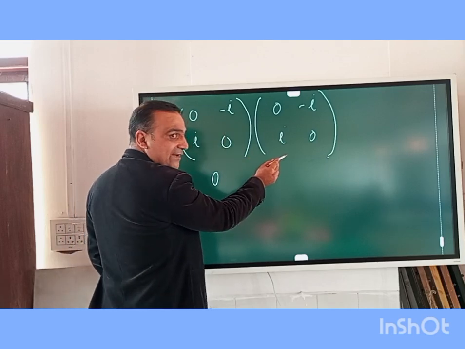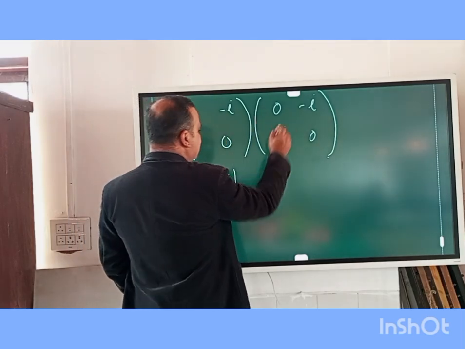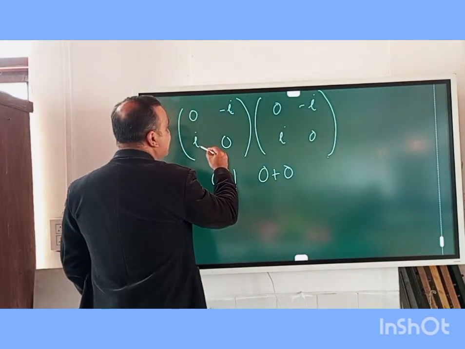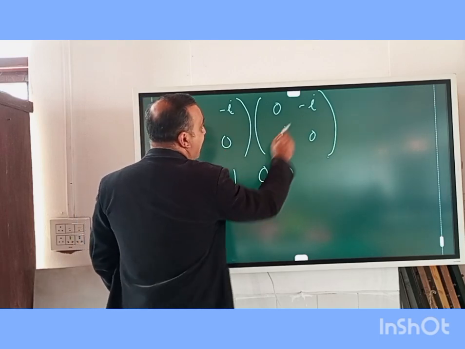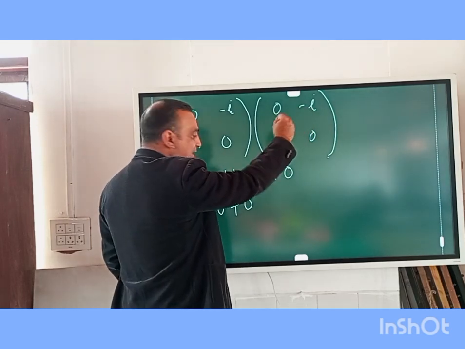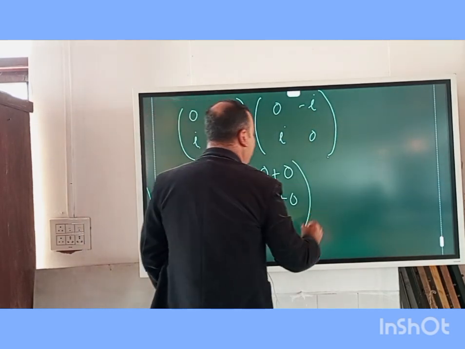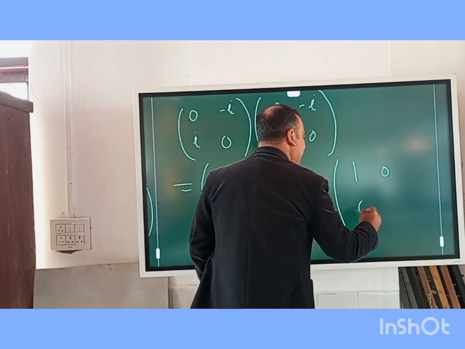Iota square will give me minus 1, so this is plus 1. Then this is 0, and this is 0. And going with the last one, iota square will give me minus 1, minus minus will be plus, so this is 1 plus 0. And what you obtain is the same identity matrix.